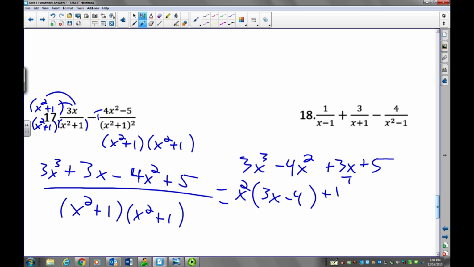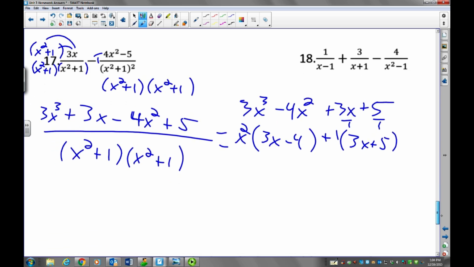So divide by 1, multiply by 1. And you just get 3x plus 5. That sounds silly. But I guess that minus 4 is what's throwing us off there. That minus 4x squared. Because if it had been a plus 5, we could have actually canceled out more. But it's a minus 4, so we can't cancel out anymore.